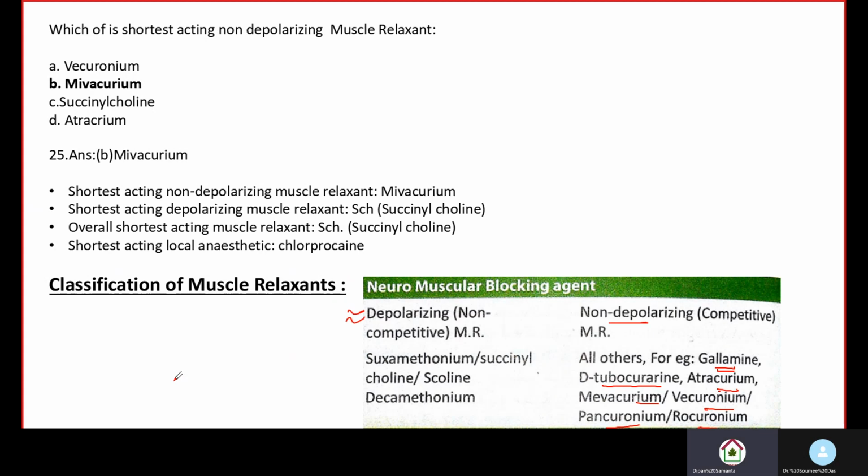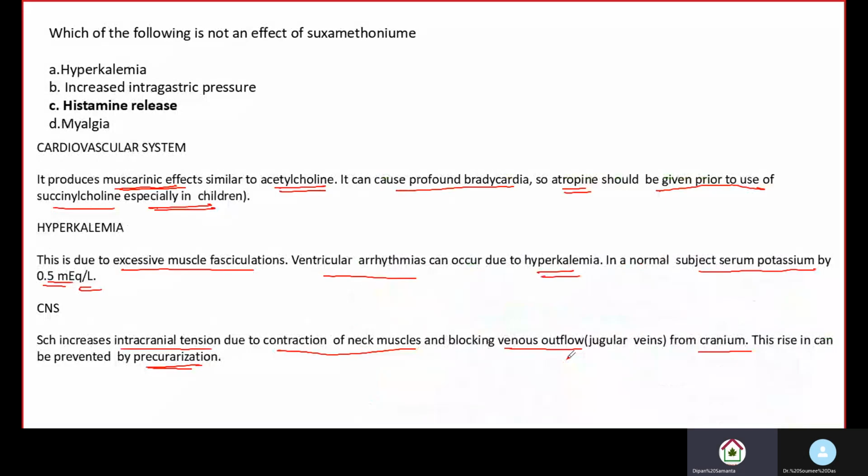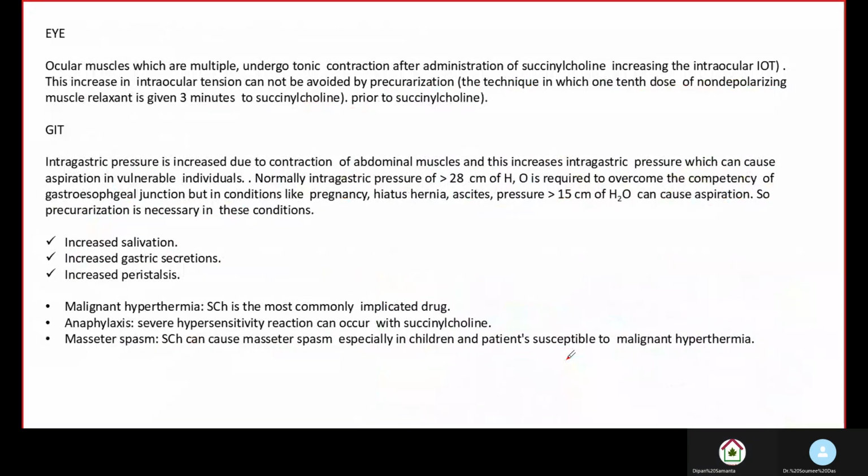That means before giving succinylcholine, we will go for D-tubocurarine, then we will go for succinylcholine. So it will decrease the effect of succinylcholine.